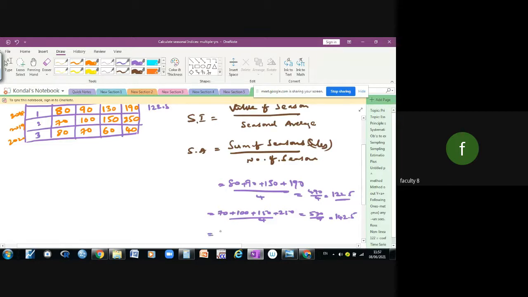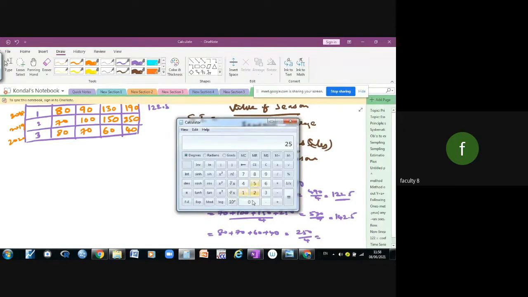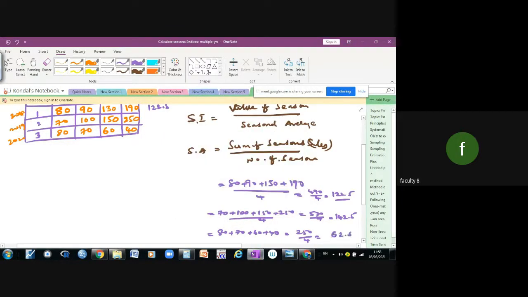Then you can calculate 80, 70 plus 60 plus 40, that is 250, and 250 by 4 is 62.5.